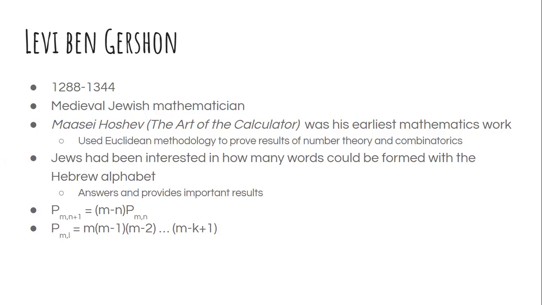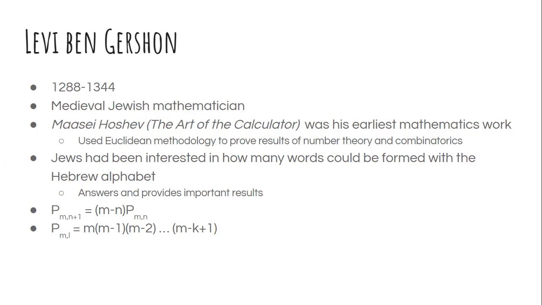So it was suspected that Levi wanted to present combinatorial results because of the Jews' interest in the topic. Jews had for centuries been interested in the question of how many words could be formed with the letters of the Hebrew alphabet, and this also sparked the interest of Ben Gershon.